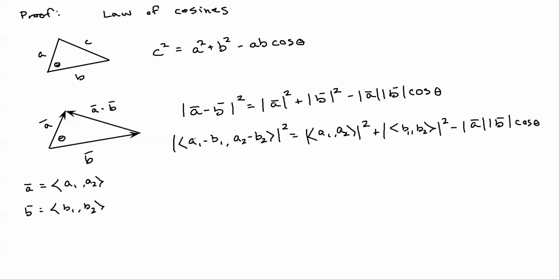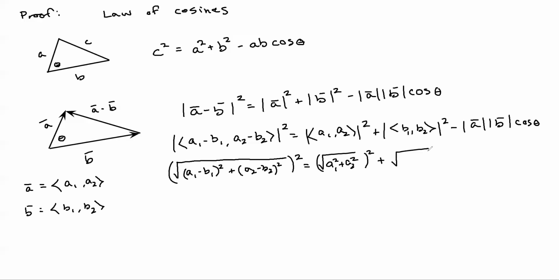Okay, so here, if we're going to go through and find the length of this, you take the square root of the component squared. That's our length definition for vectors. So we're going to have A1 minus B1 squared, A2 minus B2 squared. And there's that square there. And then the same thing here, the square root of A1 squared plus A2 squared.